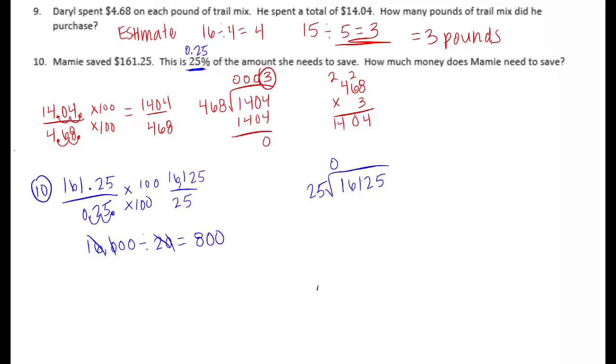Okay, 25 can't go into 1 or 16, but it could go into 161. See, 25 times 4 is 100. 25 times 6 would be 150. So it could go in 6 times. We get 11, bring down the 2. 25 times 4 was 100. 25 times 5 is 125, so that would be too big.